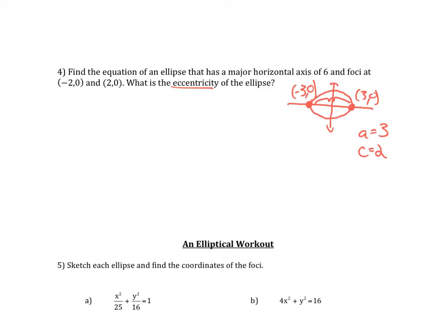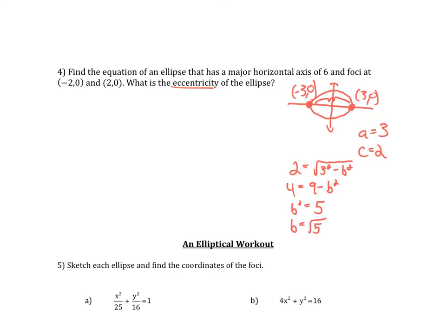So again, to find your B value, let's use my little formula. C equals the square root of A squared minus B squared. I know 2 should be equal to root 3 squared minus B squared, which if we square both sides, we get 4 equals 9 minus B squared. We get B squared equals 5. You don't necessarily need to find B, but B equals root 5.